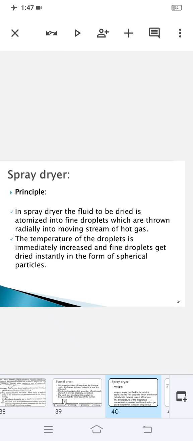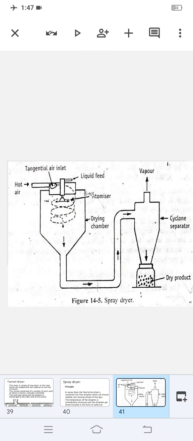So this is the diagram of your spray dryer. First, see the construction of the spray dryer. It consists of a large cylindrical drying chamber with a short conical bottom, which is made of stainless steel.